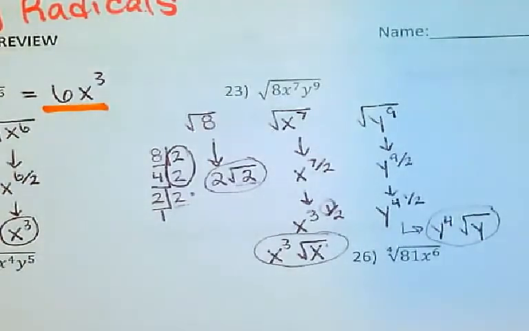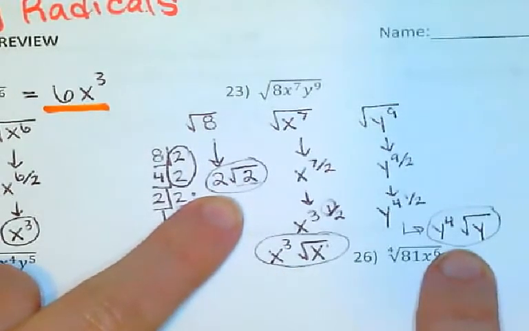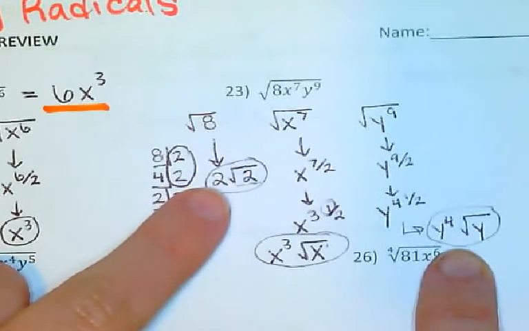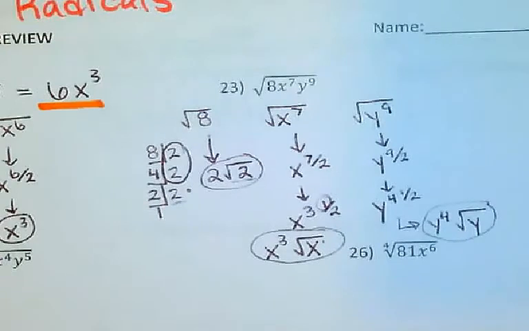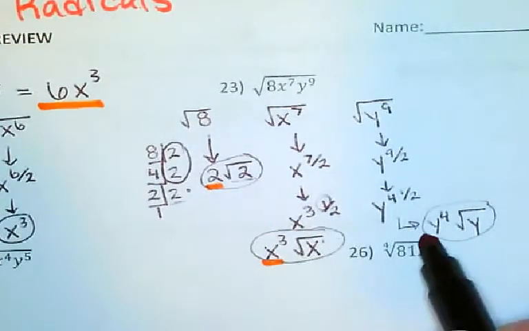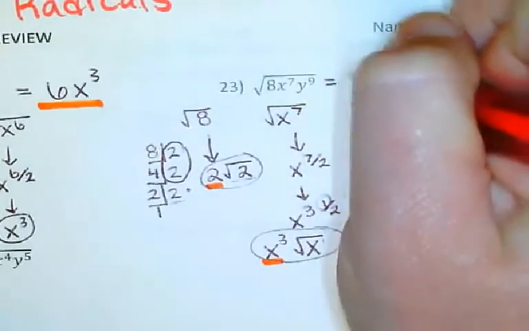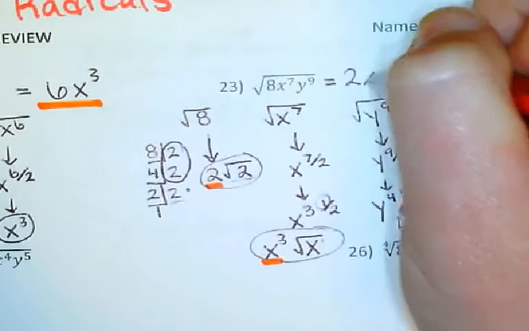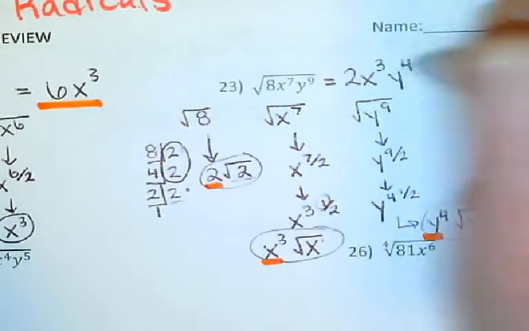So, putting all this together now, I've circled the parts that we're going to be putting together. We've got a 2, x cubed, and a y to the fourth that are all on the outside of our radical sign, of our square root sign. So we're going to have 2x cubed y to the fourth.